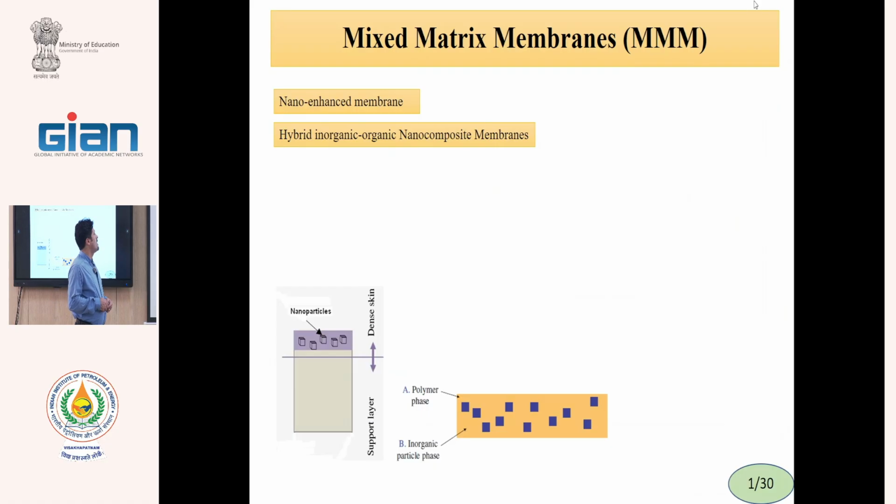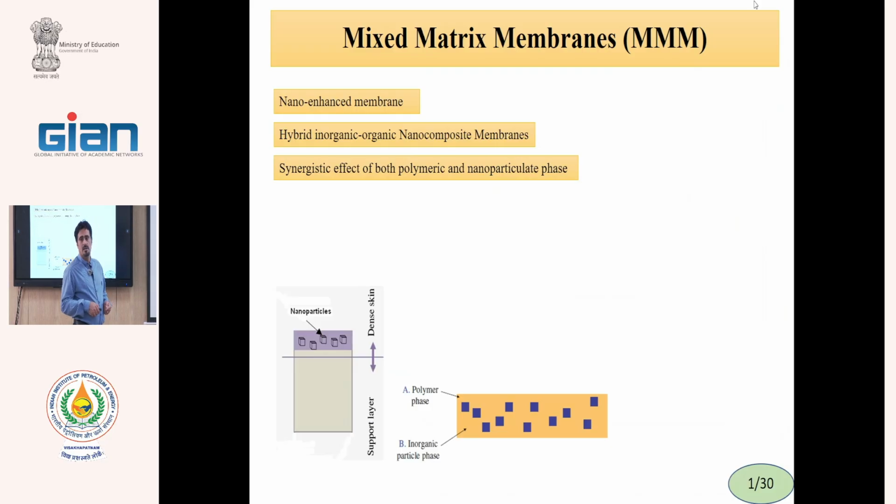But nanocomposite materials or nano-enhanced membranes is a very general label that can cover all types of nano-used membranes.